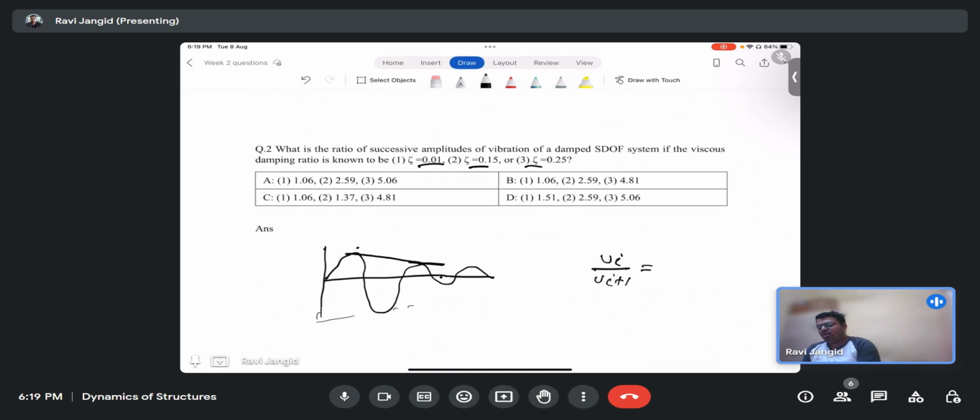I take any two, and find the ratio of these two. So give a try and find out, corresponding to xi equal to 10%, 15%, 25%, which option is correct.